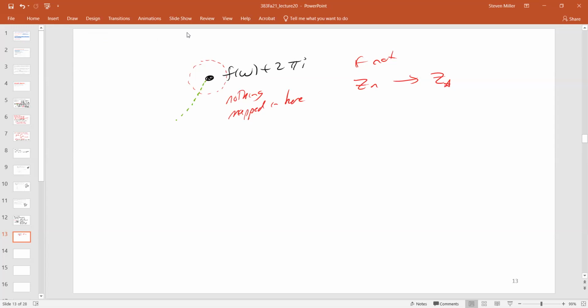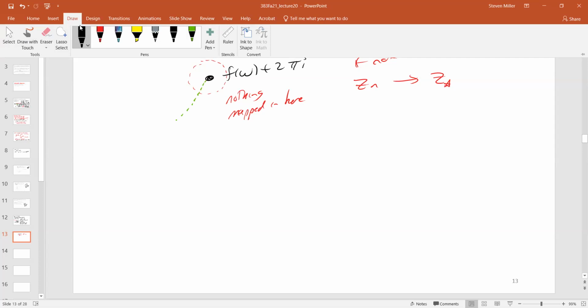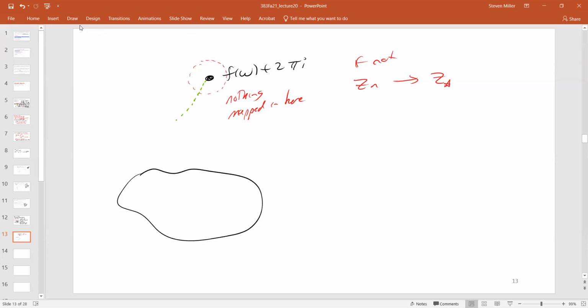Okay, so now we know we have a situation where here's omega, here's some point f of w plus 2 pi i, and here is a little ball that we avoid.